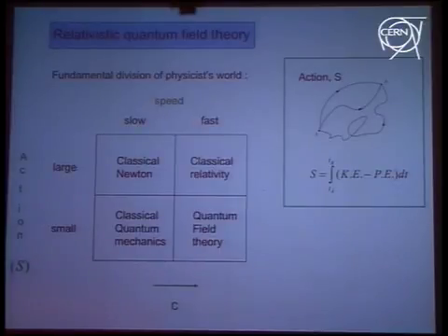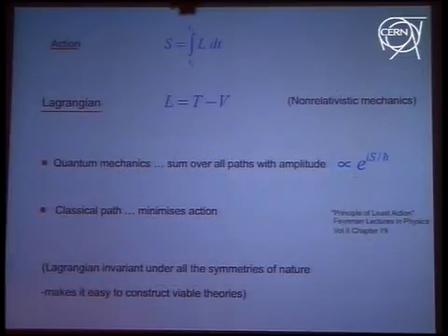Each path has a weighting. And the weighting is proportional to e to the iS over h, S being the action, h being Planck's constant. And the fascinating thing is that the classical path that leads to normal mechanics, the equations of motion, is the path that minimizes this action. It's called the principle of least action.